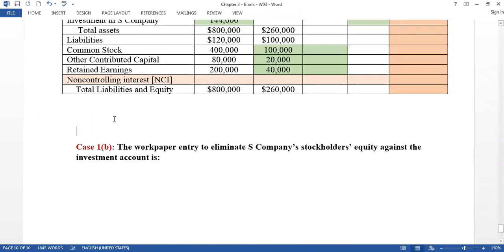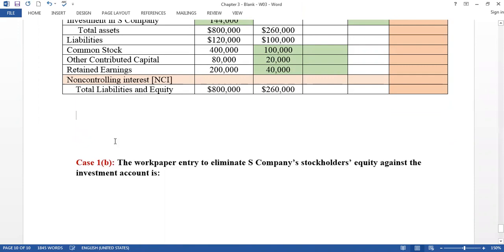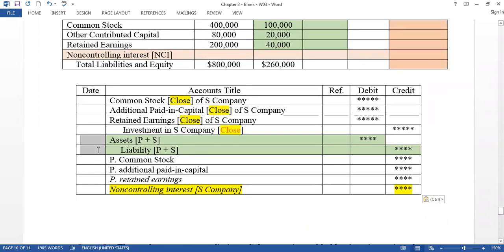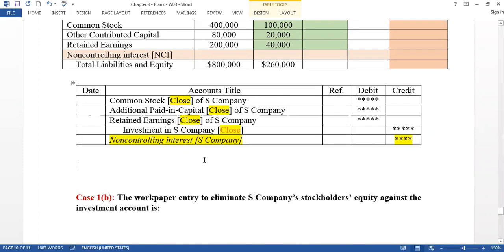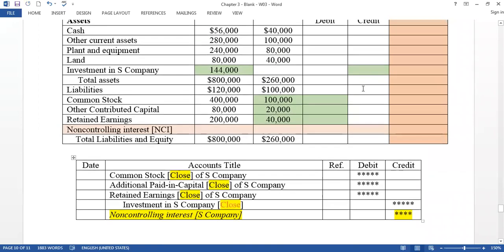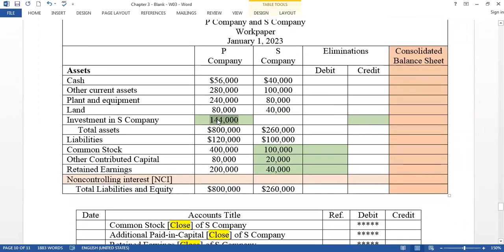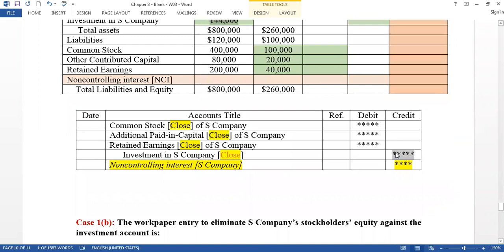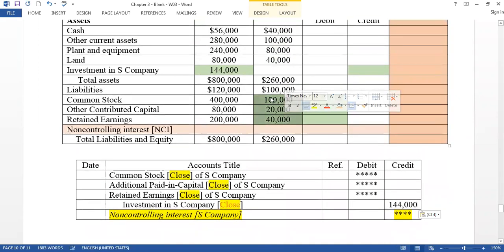So this is case B. What kind of journal entries can we expect? As we don't have any difference here, but we have non-controlling interest, our investment is $144,000. We credit $144,000 to eliminate it.